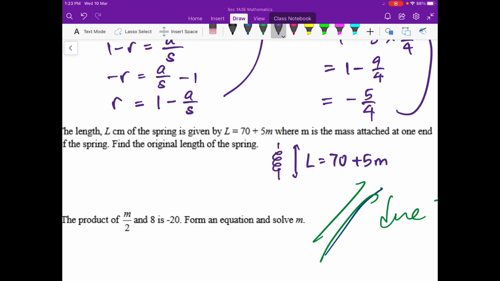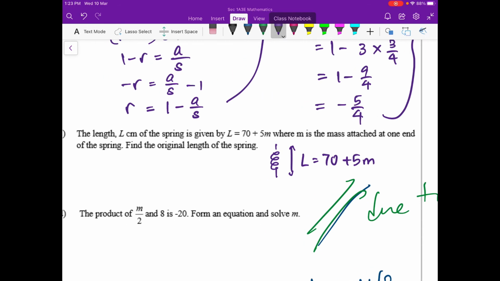So can you imagine, the larger the mass that you put, the more the extension, right? So the larger the mass, the greater the length. If mass is equals to 3, you have 5 times 3, which is 15, then plus 70. So you get 85, so on and so forth.